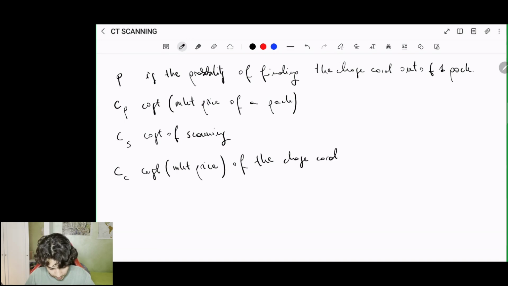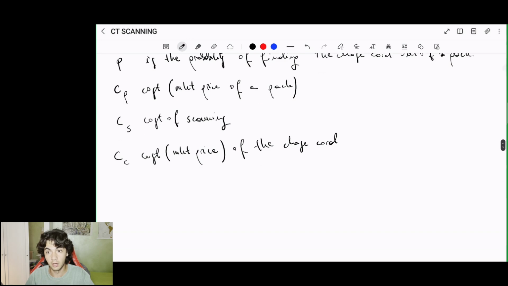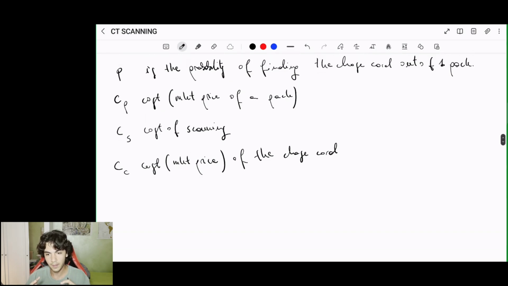Now, at this point, we can already start to construct our model. Now, the question is basically, the whole thing is, we want to send the pack, we're going to consider a pack, we're going to send a pack and see if it makes sense to actually send it, get it scanned, and can we make money off of it.